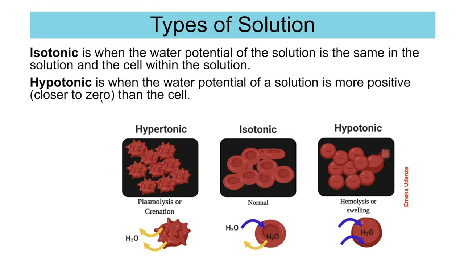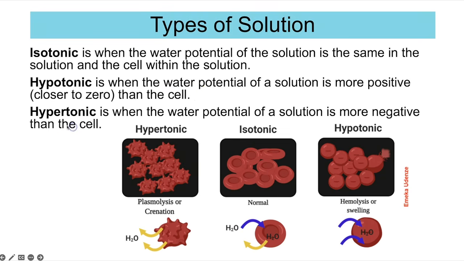So you don't have as much solute dissolved in the solution compared to the cell. Hypertonic is when the water potential of the solution surrounding a cell is more negative than the cell. So a hypertonic solution means that you have more solute dissolved in the water.